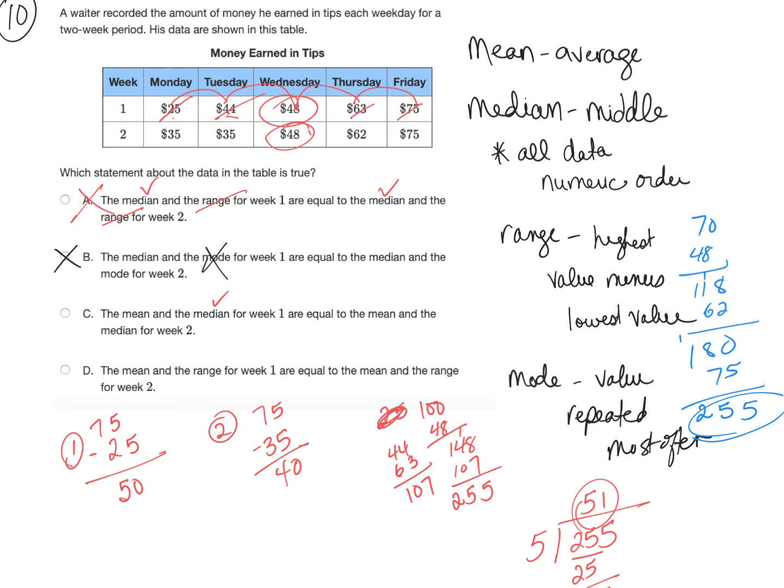Since I got the same sum for both weeks, obviously when I divide 255 by 5, I'm going to get 51. So our correct answer is C. The mean and the median for week 1 are equal to the mean and the median for week 2.